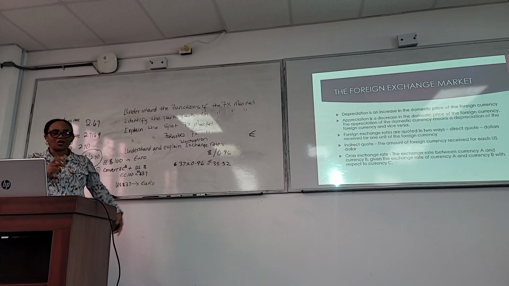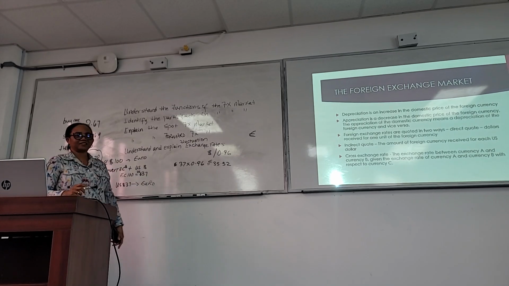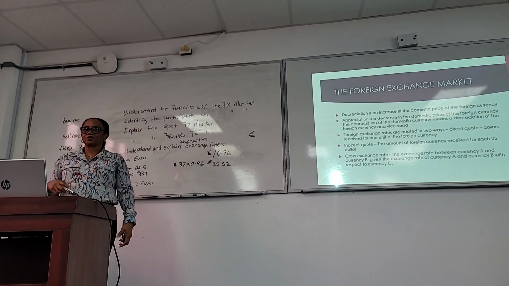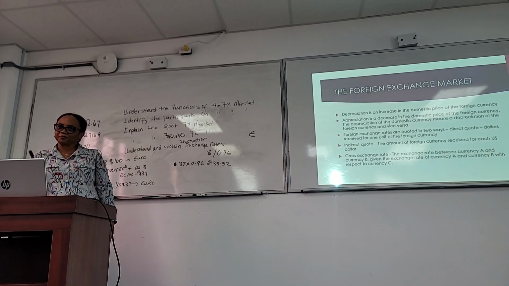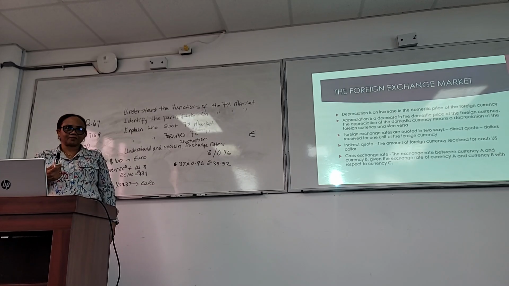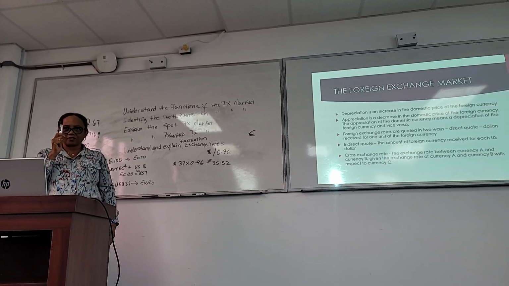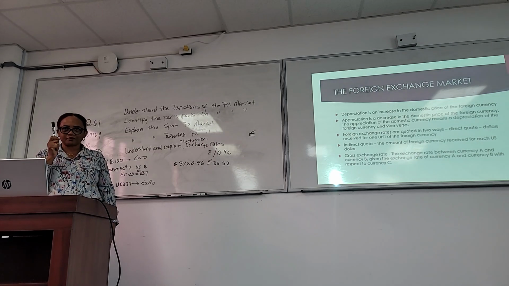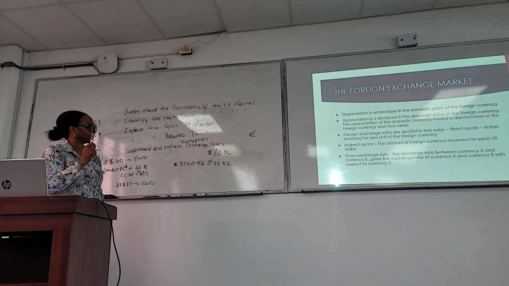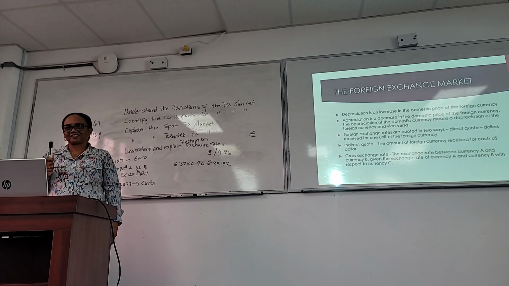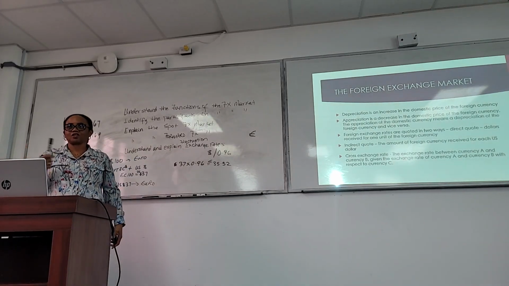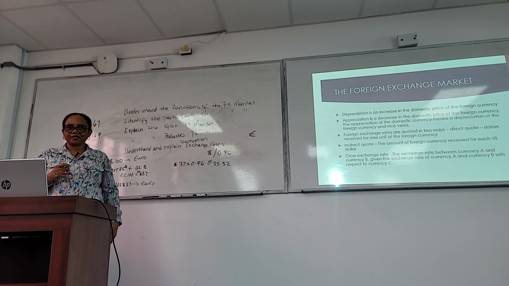Wait, not one. 100 EC gives you 35.52 euros. So 1 EC dollar gives you how much euro? Let me check. 36 cents. Or 35.52 cents, so you say 36 cents. All right?